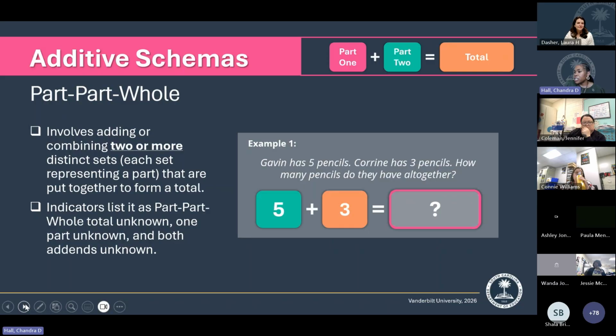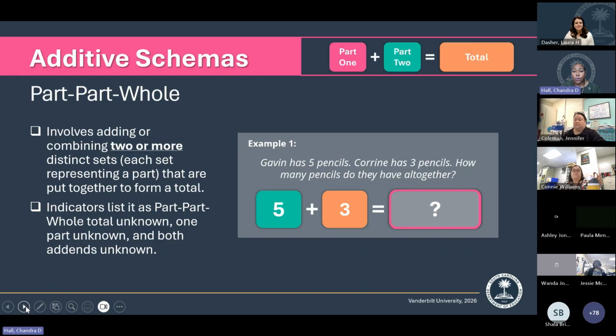So some examples of the different types. Gavin has 5 pencils, Corinne has 3 pencils. How many pencils do they have all together? And so you can see the organizer that has that information put in there, just a way for students to organize the information. So which type do you think this is? Which part, whole? Is it the total unknown, one part unknown, or both add-ins unknown?